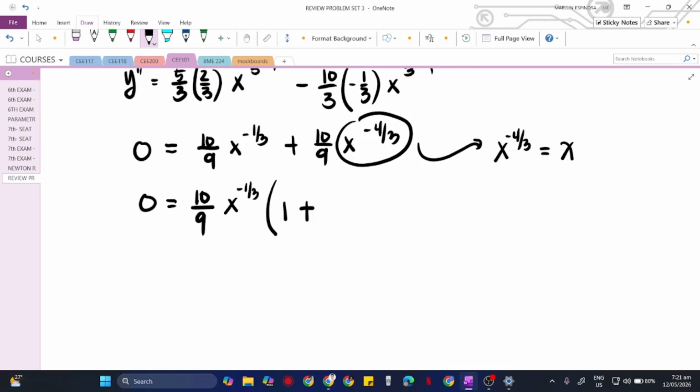This is the same thing as x to the negative 1/3 multiplied by x to the negative 1. Tama ba? Para makuha natin itong x to the negative 1/3, no? Sorry. This is multiplied pala. Yan, no? Tama ba? So, kung i-factor out natin yung x to the 1/3, anong matitira? So, ito na lang. X to the negative 1. Okay?